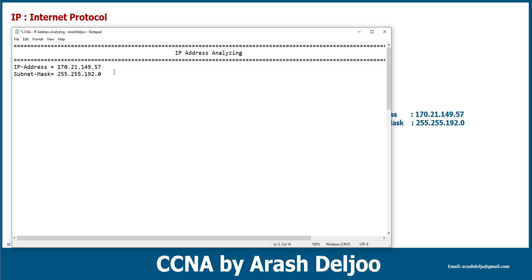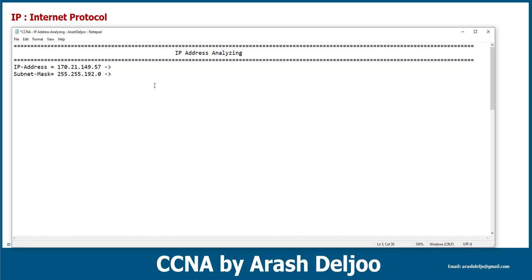Let me convert these two decimal values to binary values. It's so easy for us now because we did many examples, and we talked about how we can convert decimal values to binary values. Let me use the first one. Now I'm going to convert 170 to binary.